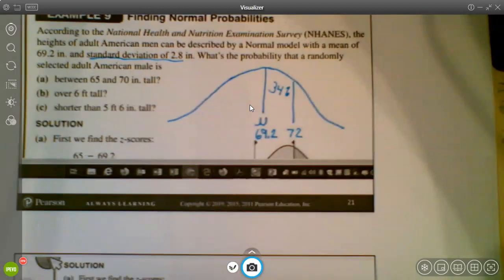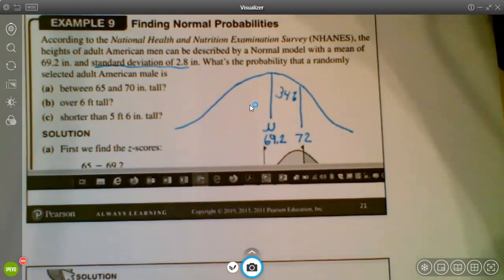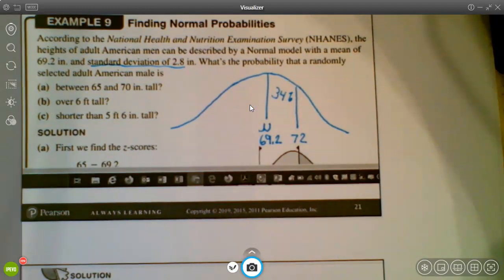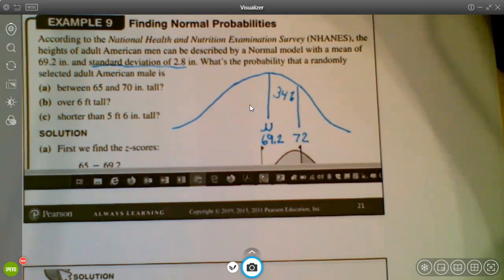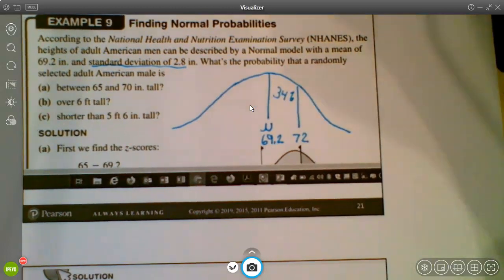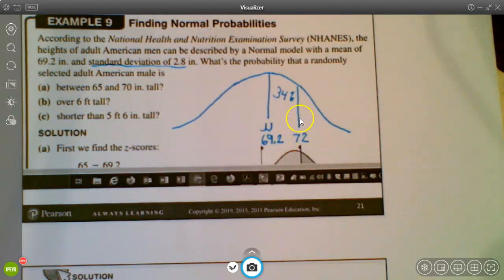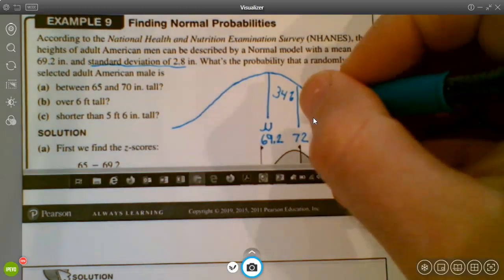So what have we said? Over 6 feet tall, right? Over 6 feet tall. So obviously let's convert that to inches here. So 6 times 12, 72. So over 72. Well, if you look at this one is actually a value on our curve, right? We learned already that if everything to the right of the center is 50% and this much is 34%, we know this area must be 16%.